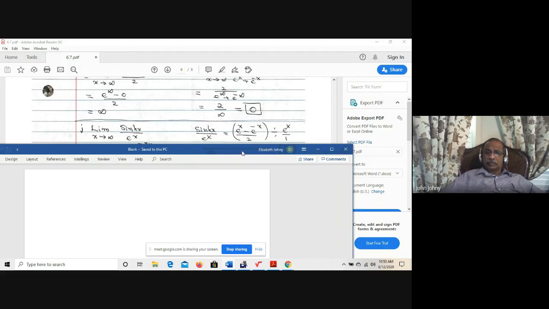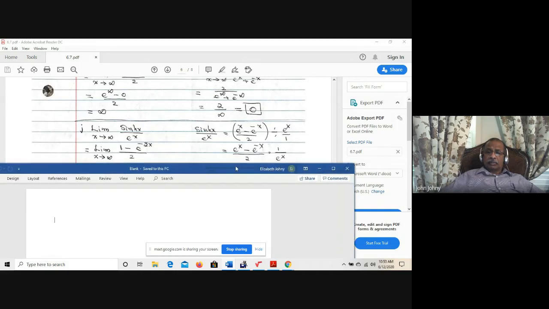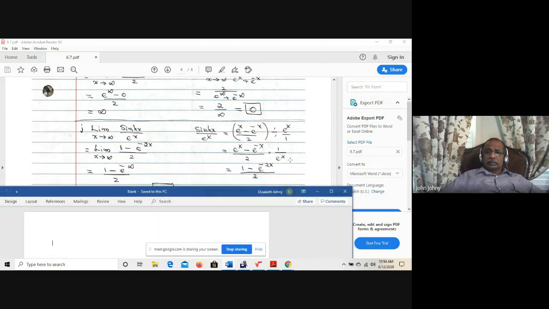That means multiplying by the reciprocal: (e to the x minus e to the negative x) over 2 multiplied by 1 over e to the x. e to the x over e to the x is 1, minus e to the negative x divided by e to the x, which is e to the negative 2x, all over 2. So sinh x over e to the x is (1 minus e to the negative 2x) over 2.